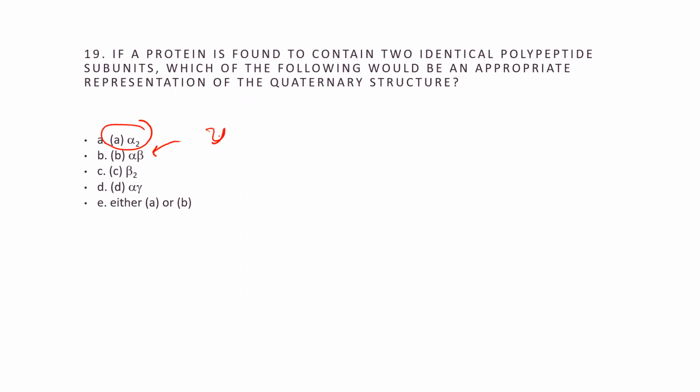You have one like this and one like this. Why not this one? Start with alpha and go down the alphabet. What about this one? This one's wrong two ways, because you're not following the alphabet and you have two different ones. Make sense? Any questions?